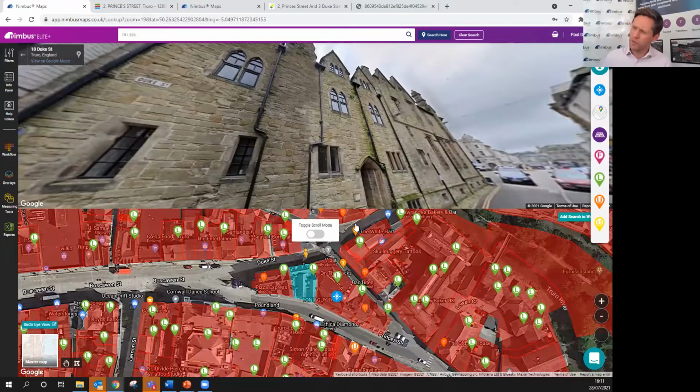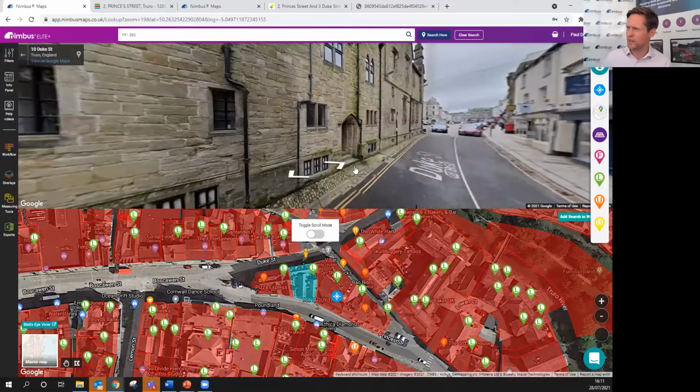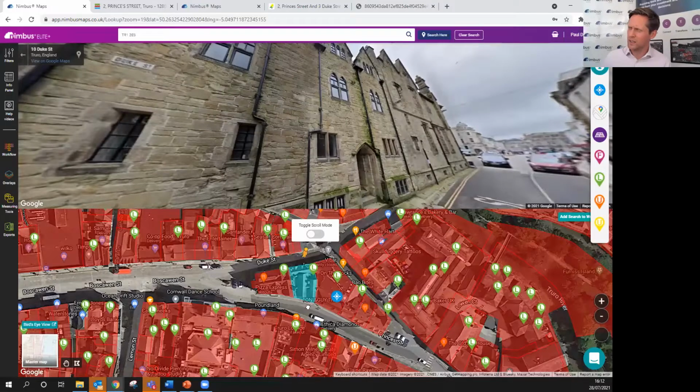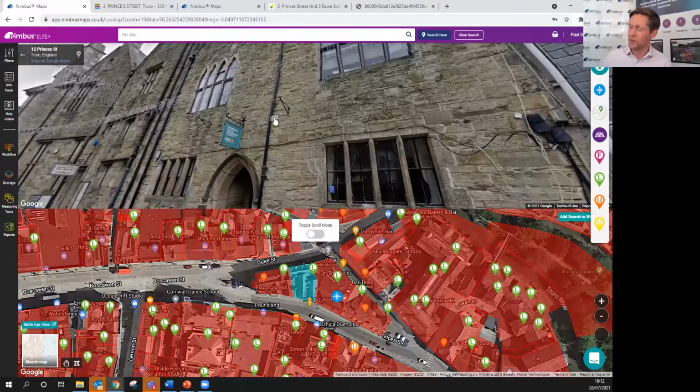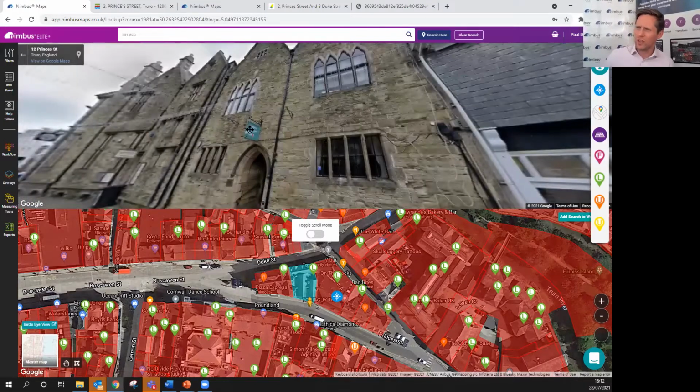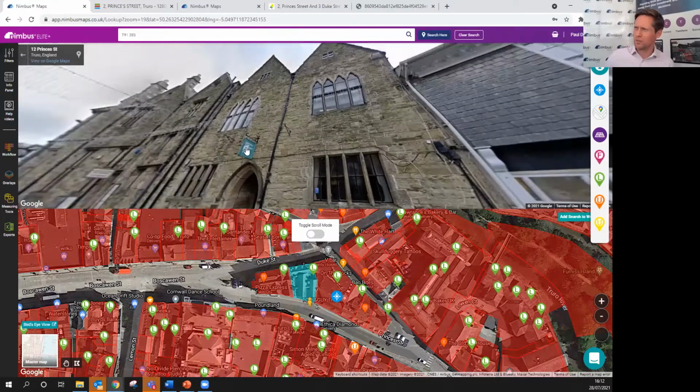I think the building itself would worry me slightly. You can see down here, there's clearly a leaking drain pipe, and that's been leaking for a while. And the stonework and this sort of stuff, it doesn't look like a cheap building to improve or to replace the brickwork on the outside.